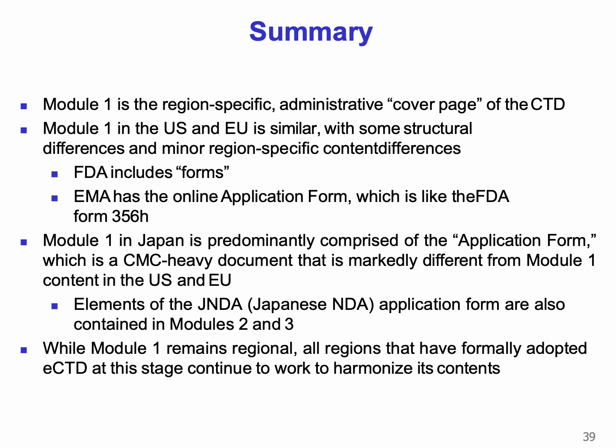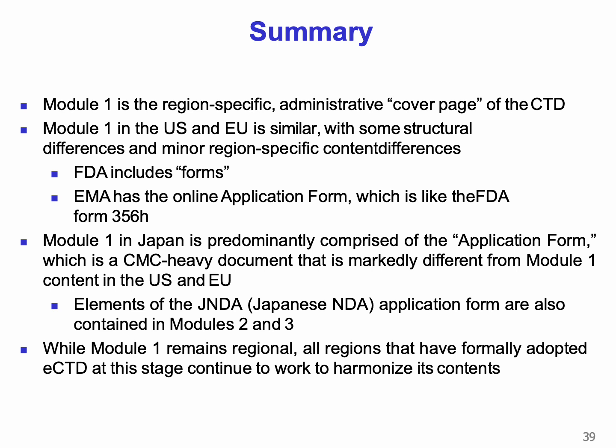Now coming back to the summary, module 1 in Japan is predominantly comprised of the application form, which is a CMC-heavy document that is markedly different from module 1 content in the US and EU. Elements of the Japanese new drug application form are also contained in modules 2 and 3.